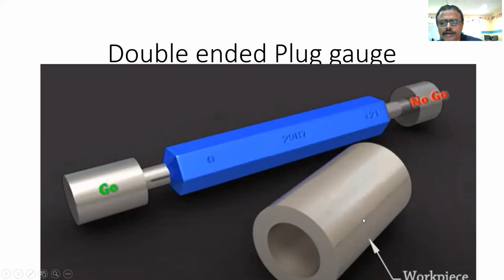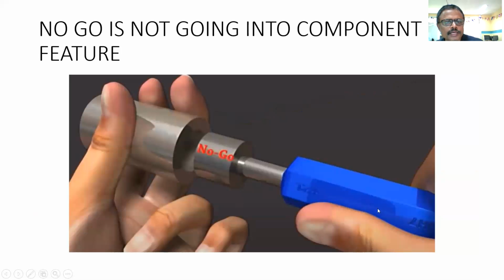And this one is the workpiece. So how to check it for our inspection purpose? You can see that the no go end is not going into the component feature.